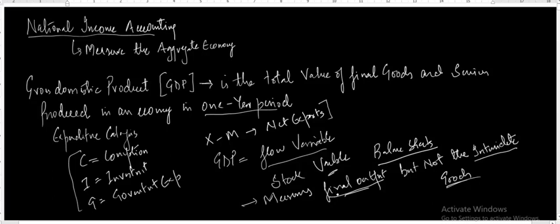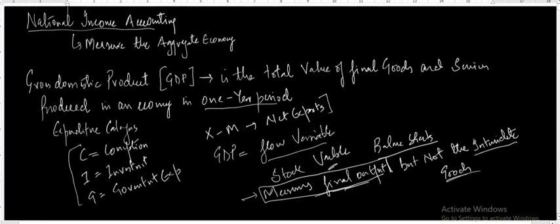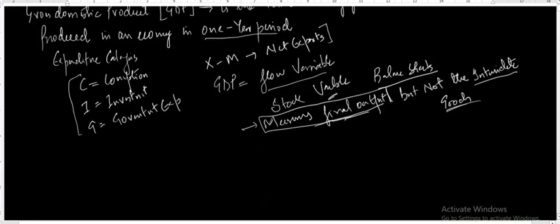Because if we measure both the final output as well as the intermediate goods, this is going to result in the problem of double counting. We will be talking about the problem of double counting as well, but so far you need to understand that we are just measuring the final output of an economy that it is going to produce in a 1 year period. So next we are going to talk about the real and nominal concepts.